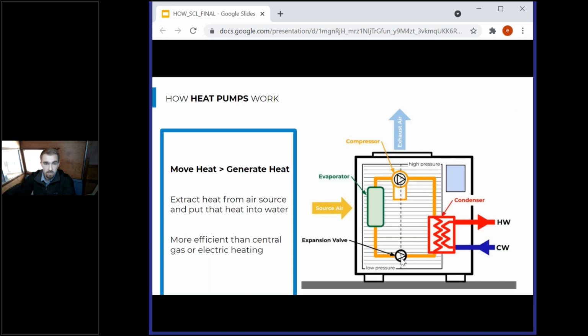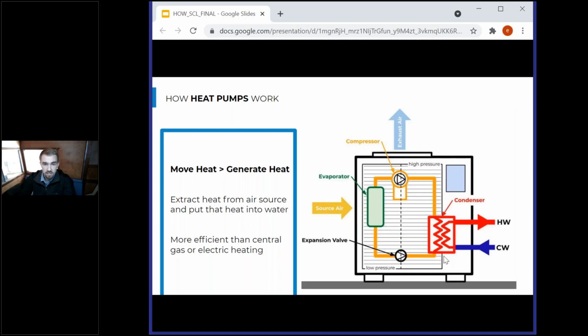So now, since this refrigerant is slowly circulating through this loop, we have this slightly warmed refrigerant that was initially really cold because of the drop in pressure. And now that's transferring to the high pressure side, where it's pressurized and raises that temperature really high. So now the hot side of the loop can transfer that heat into domestic hot water.